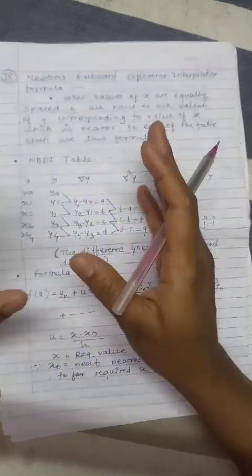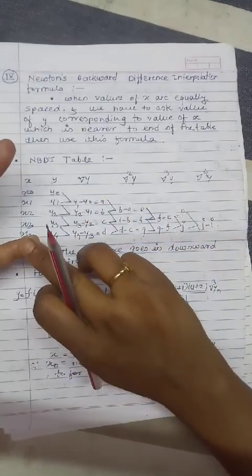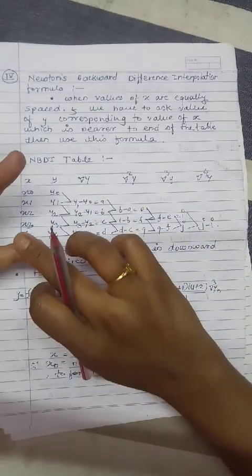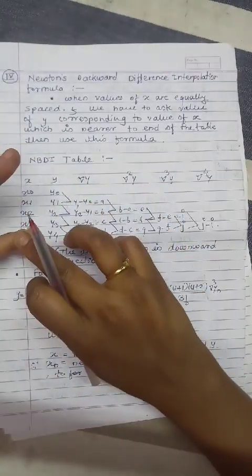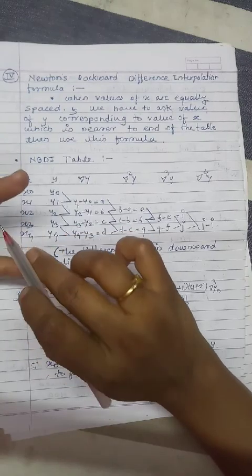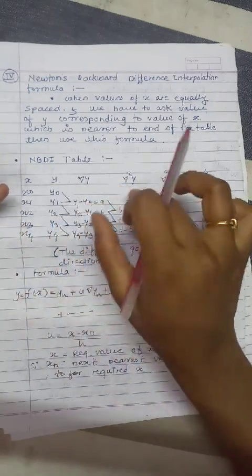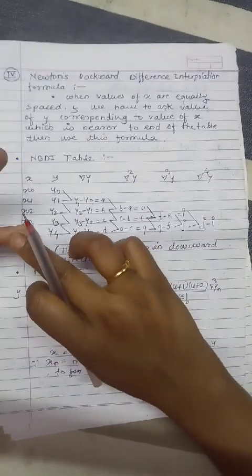Then the third method we have studied is Newton's forward difference formula. This formula is used when the required value of x is lying at the beginning only. So use the forward difference formula.